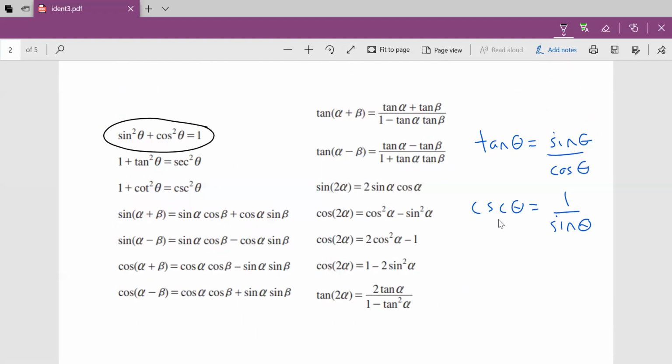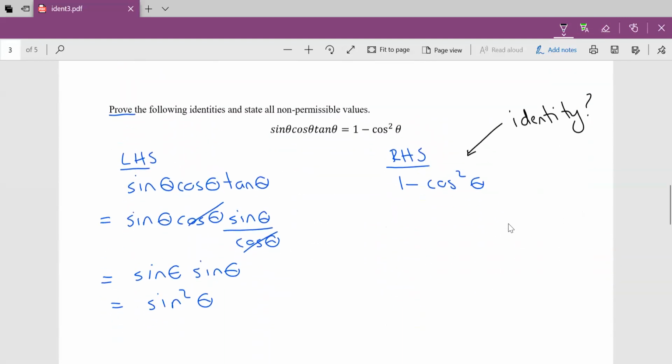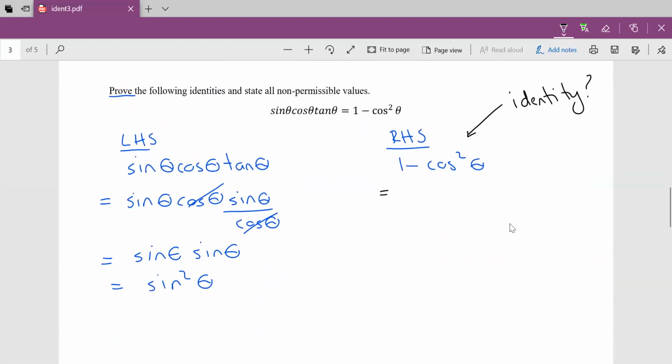What if I subtracted cos squared from both sides? Well, that would give me sine squared is equal to 1 minus cos squared theta. And bingo, there it is. This is equal to sine squared theta, just like that. That's it. Look at that.